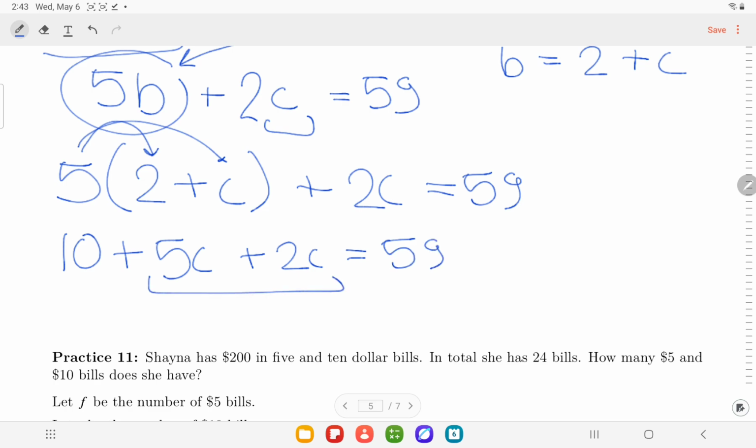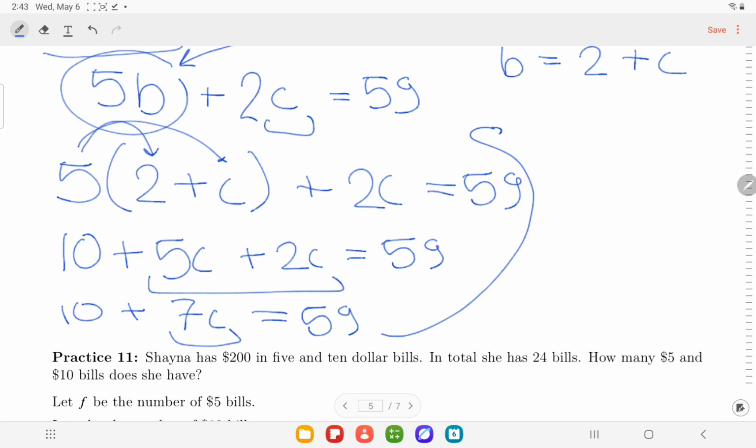And then we add these like terms. So we end up with 7c. And then we want to isolate for our c. So we're going to subtract 10 from both sides. And then we're going to divide by 7.